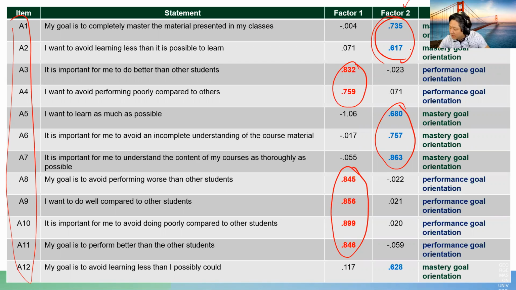And then based on the common relationship, you can name each dimension. Okay, this is the exploratory approach. Based on these items, maybe these items are commonly measuring this dimension, so I named it.